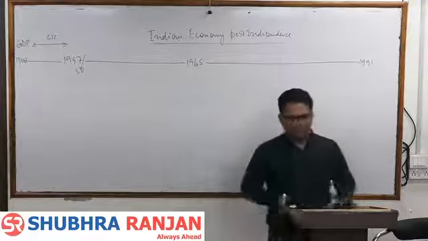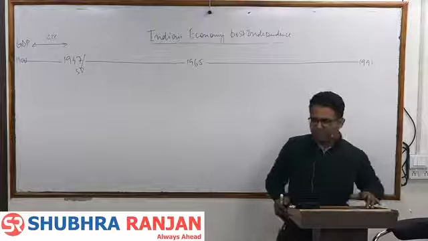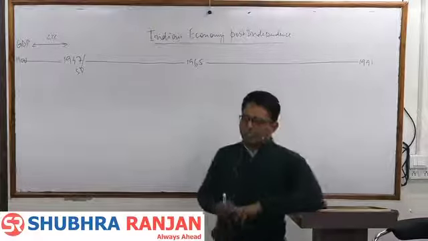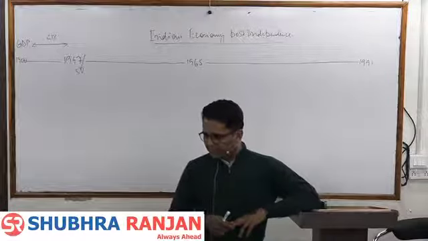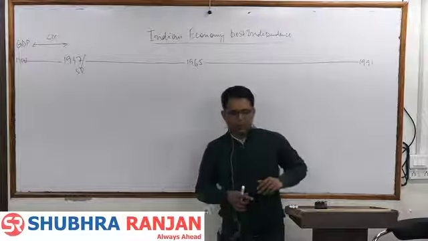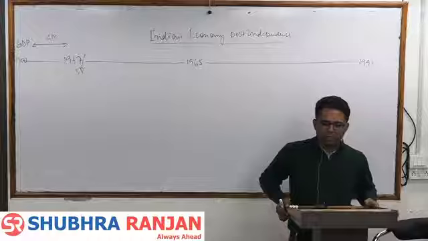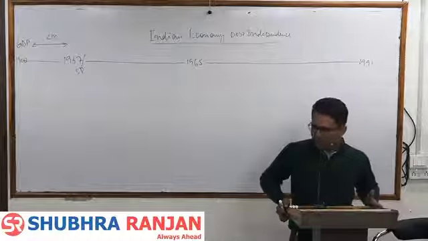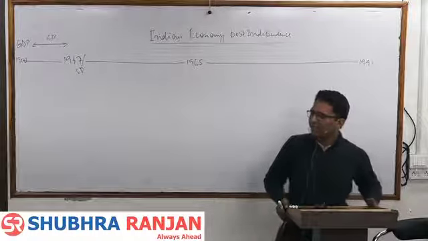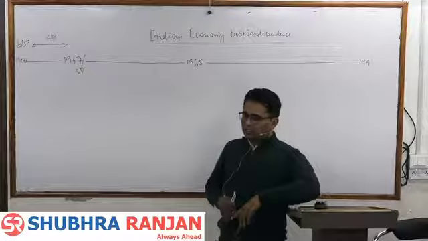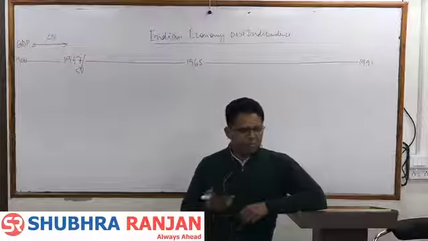So there were 2-3 factors. First thing, we were exploited for 200 years by the Britishers. Few private individuals, Britishers exploited us for 200 years. So when we got independent, we didn't want to again give our economy into the hands of a few capitalists, few private businessmen. So the thinking at that time was socialist.